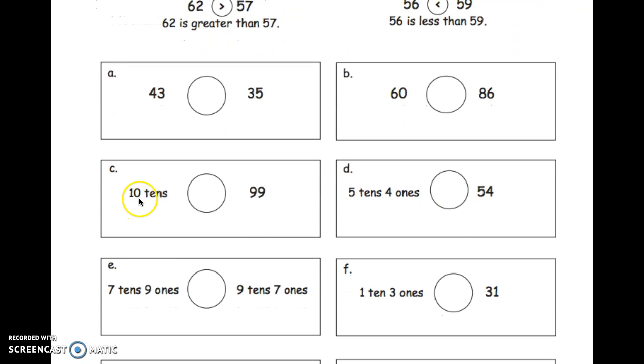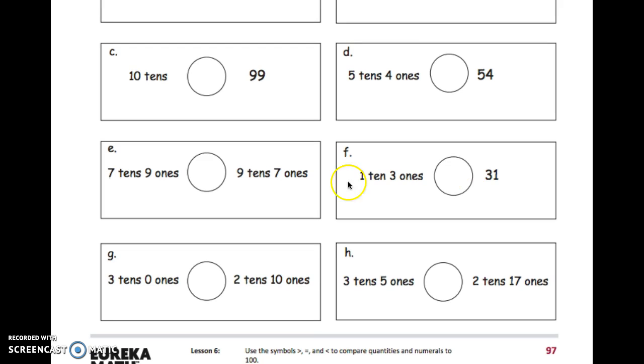Letter C, 10 tens is blank to 99. Letter D, 5 tens, 4 ones is blank to 54. E, 7 tens, 9 ones is blank to 9 tens, 7 ones.